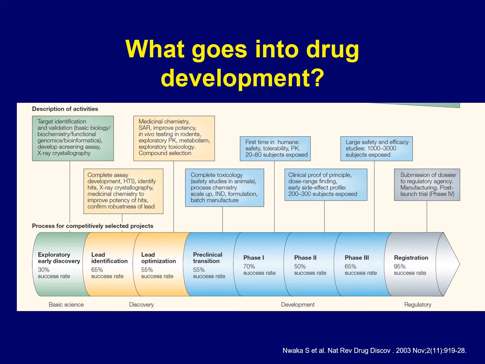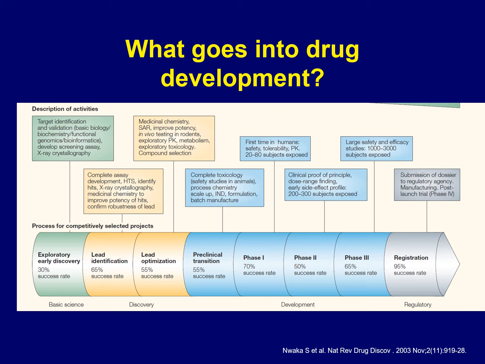This is a more detailed schematic about what goes into drug development, and I think it's helpful to look at the different kinds of disciplines and fields involved at the different stages. Here in the first part, in basic science, the exploratory early discovery phase, this is really basic biology, biochemistry, functional genomics, bioinformatics, things like this, really outside of our public health realm.